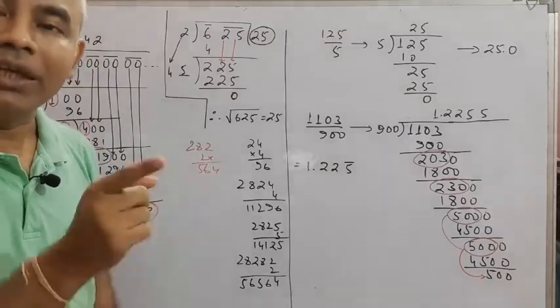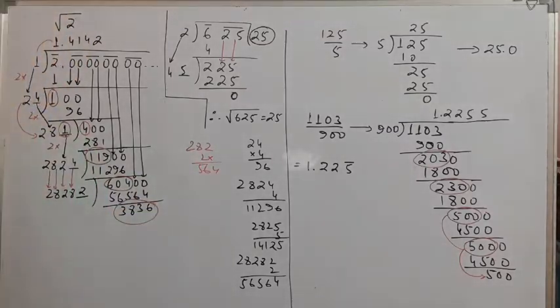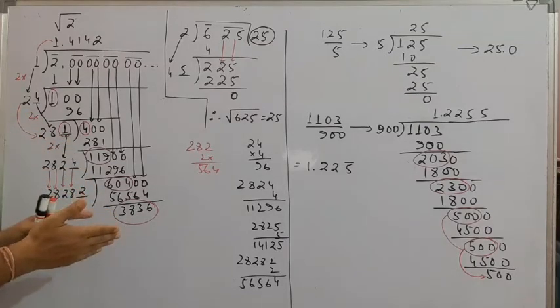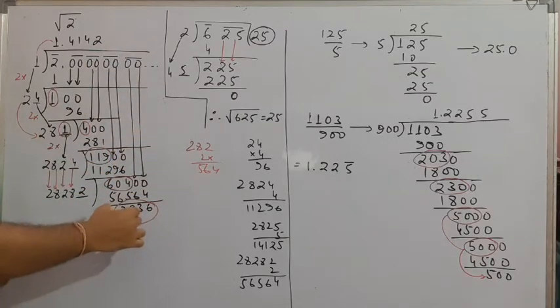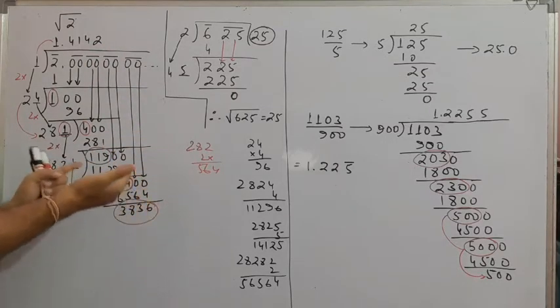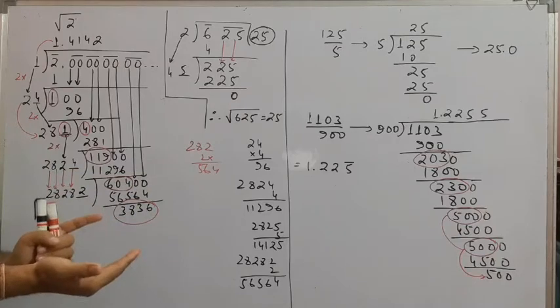is non-terminating. Is it repeating? So for that let me check again the remainders. You see that when I do these steps, among these steps there is no sign of repetition of the remainder. Here the remainders are non-repeating. You can do some more steps and then also you will observe that remainders are not repeating.